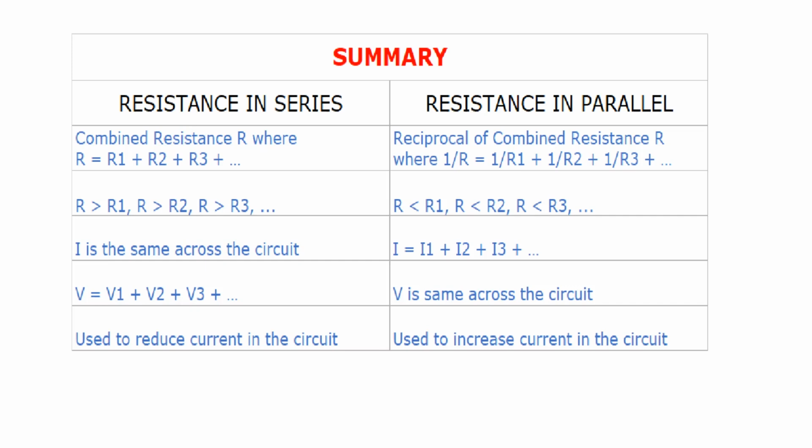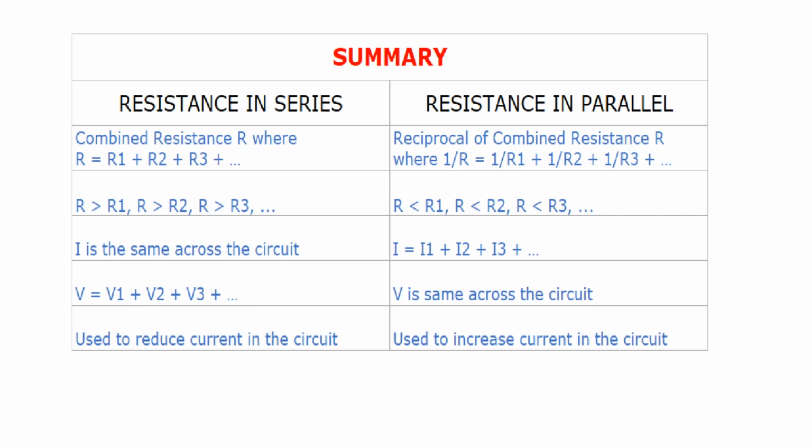When the resistances are in series, the total voltage V is equal to V1 plus V2 plus V3, and so on. When the resistances are in parallel, V is same in the circuit. Resistance in series is used to decrease the current in the circuit, whereas resistances in parallel are used to increase the current in the circuit.